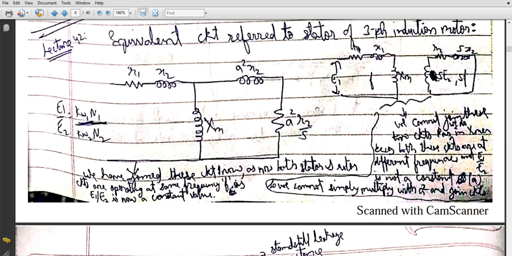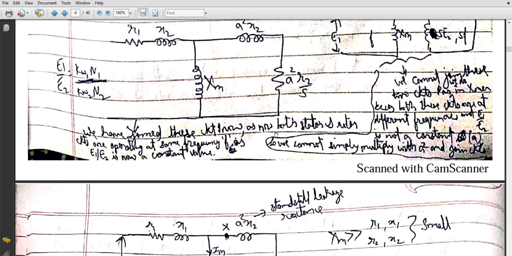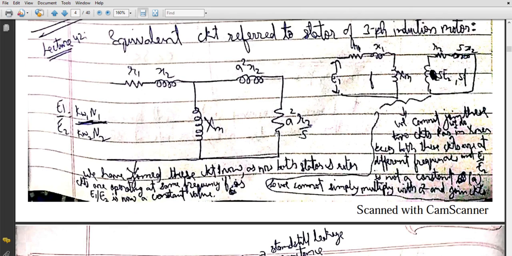Now this power consists of both mechanical power as well as the active power lost in rotor resistance. This is why we have discussed all those things: for joining the stator side and rotor side circuits, you need a constant value of E1 divided by E2, and hence we have considered this imagined circuit so that we can join these circuits.